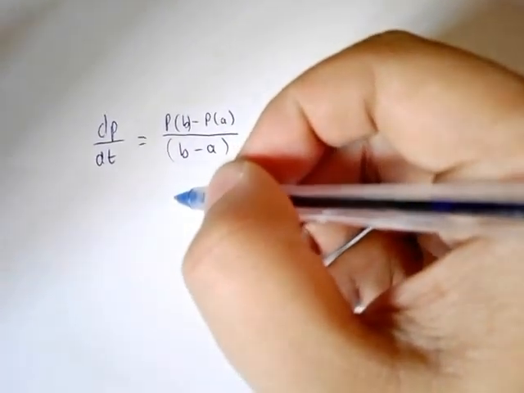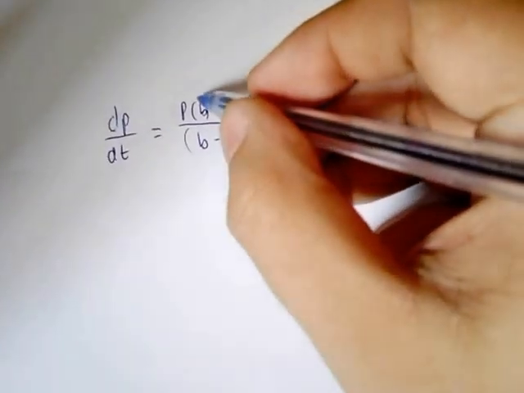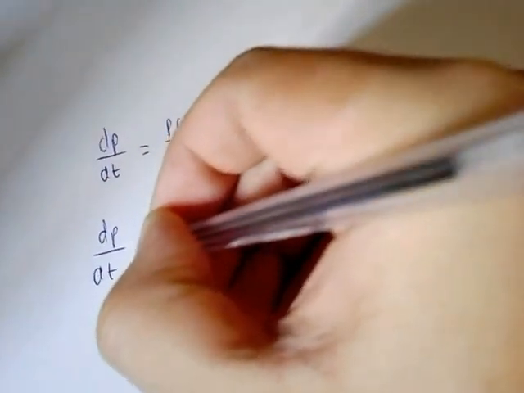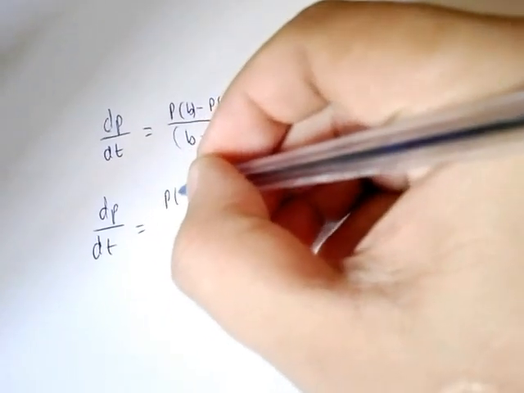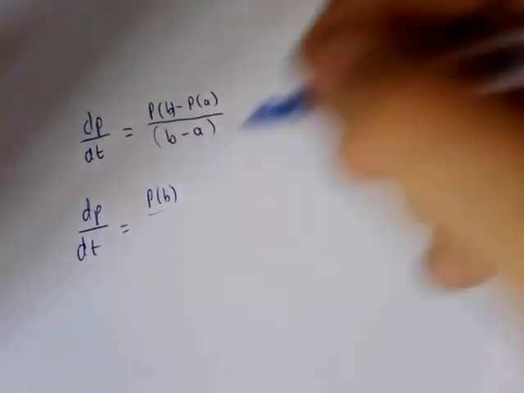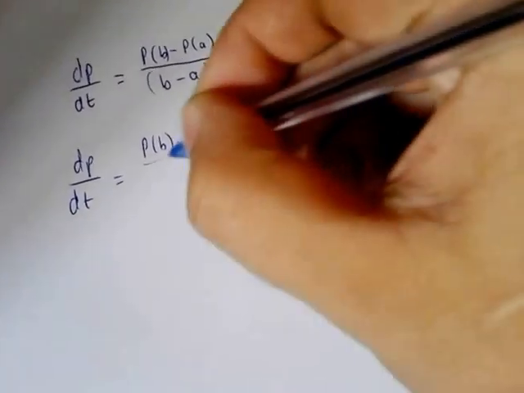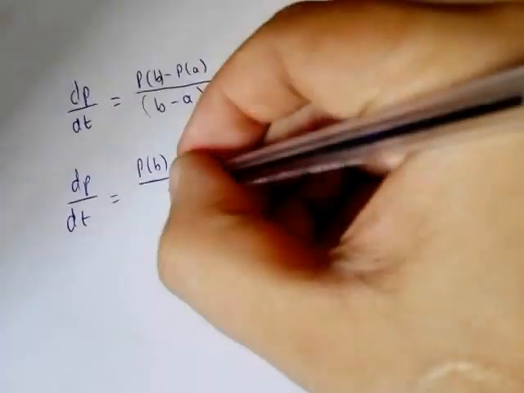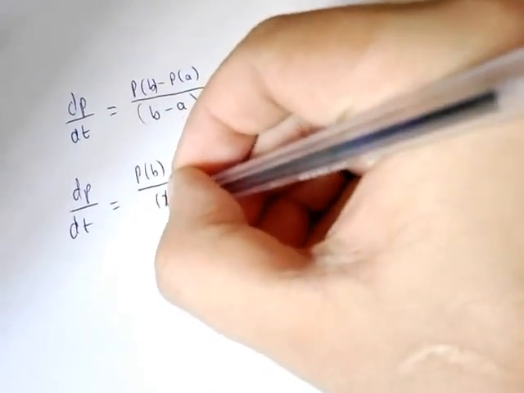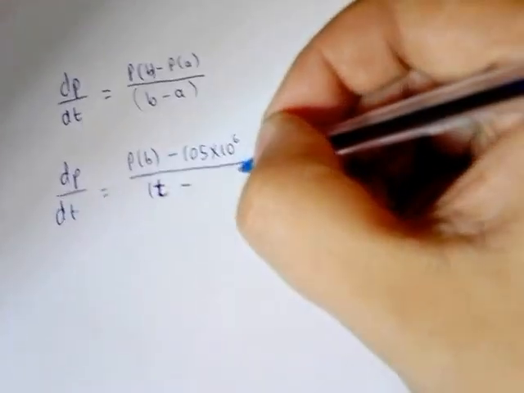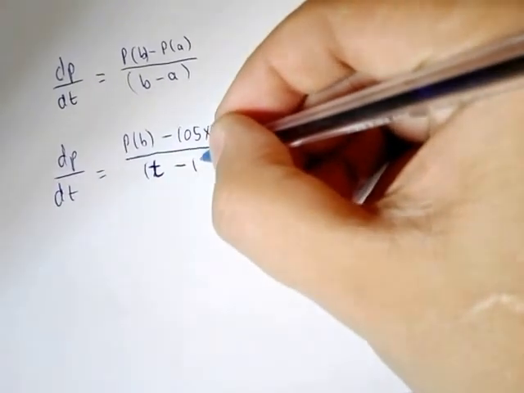So to find the equation, we have to fill in the values that are given to us. So the rate of change of population is, this is what we want to calculate. Okay.